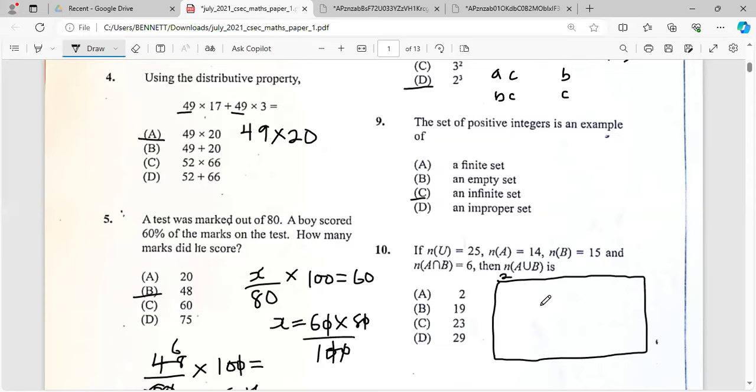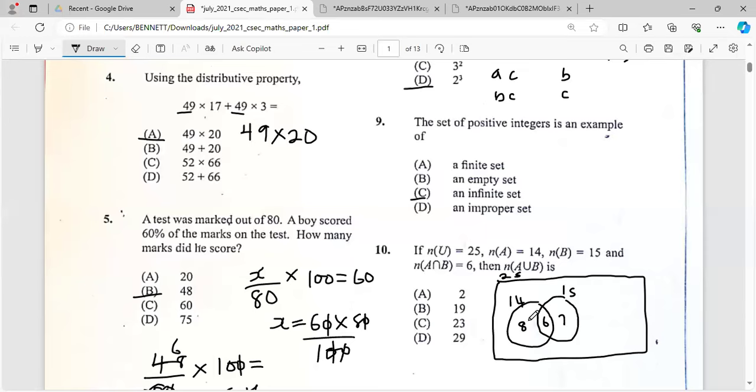And then you have your A. A intersect B is 6, right? And they said the number in A should be 14, number in B should be 15. So I'm thinking 6 from that leaves 8, 6 from that leaves 7, 8 and 6 are 14, plus 7, 23.